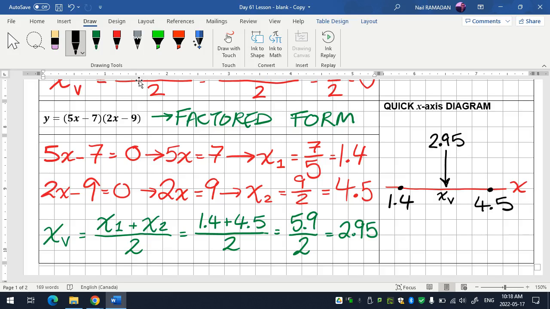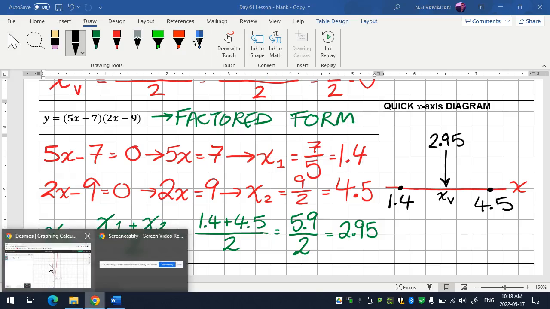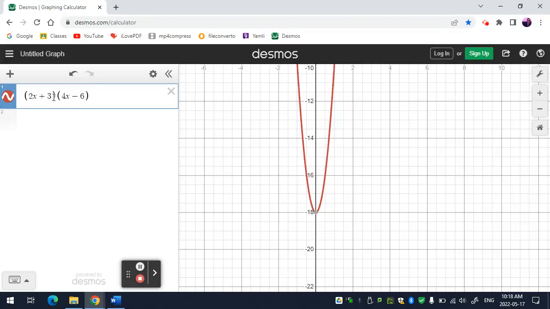Give me 1 second to check. I know we're right because it made sense. But let's graphically check. What's my first bracket? First bracket.